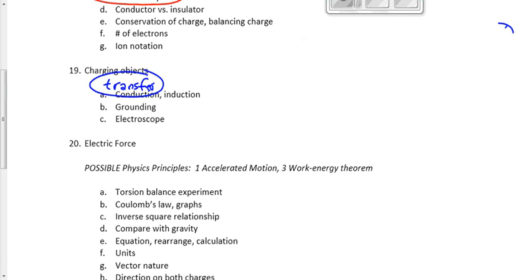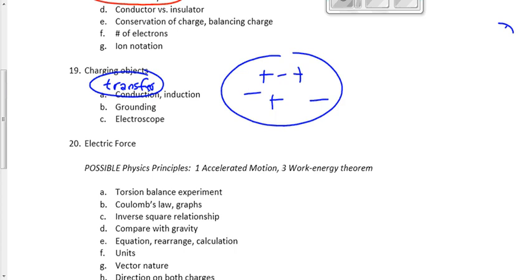Charging by induction involves not transferring charge from the object doing the charging. So we've got maybe something like this that's at neutral. You get the same number of positives as negatives. We've got a negative object coming in nearby.